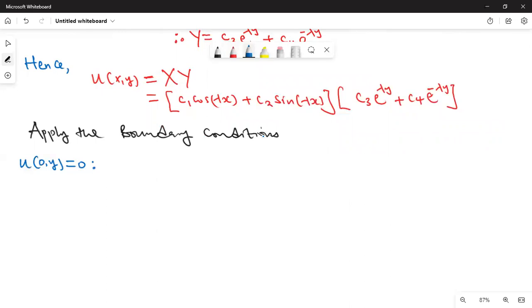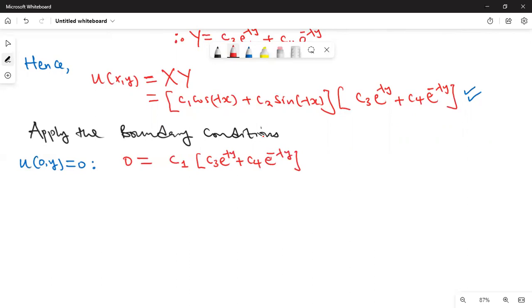We substitute x equal to 0 so that you get u equal to 0 in this general solution. So we're going to get 0 is equal to, when x is 0, remember sine 0 is 0 and cosine of 0 is 1. So in the first bracket, I only have C1. The second bracket, we just return it because there's no x there. So C3 exponential lambda y plus C4 exponential negative lambda y.